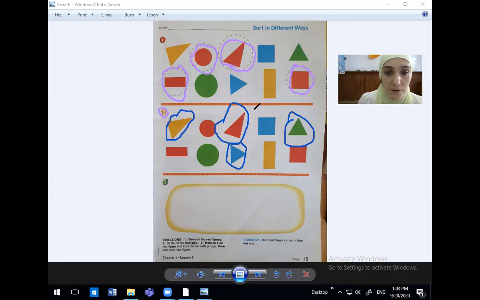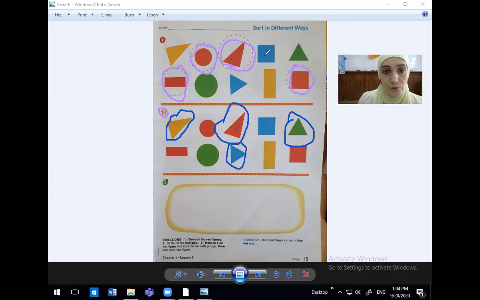Let's check other. Did we circle red square? No. Did we circle here green triangle? No. Did we circle in the first group blue triangle? No. So the only figure that we marked in both groups is red triangle.